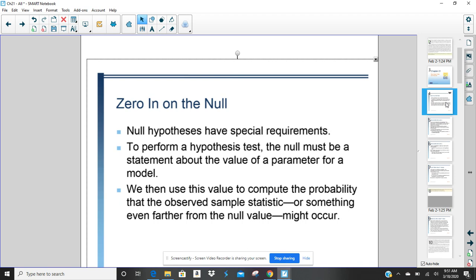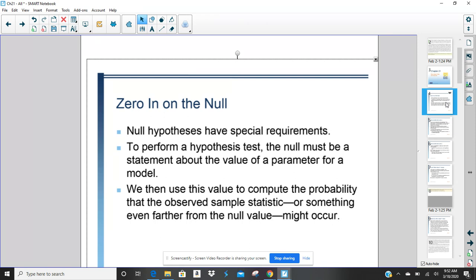So we are going to talk a little bit more about the null hypothesis and alternative and p-values today. We know that with the null hypothesis, we are trying to say that something is true or not based on what's been happening overall. So the null hypothesis is a statement about the value of a parameter for the model.